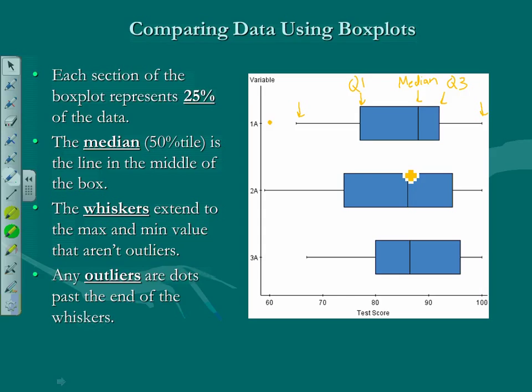So we end up having 3 different medians. We have the median of our overall data set, and then we have the median of our lower half of the data. And this would be the median of the top.